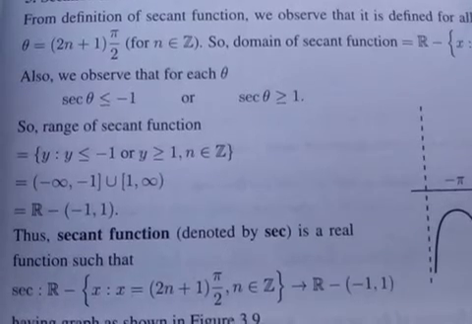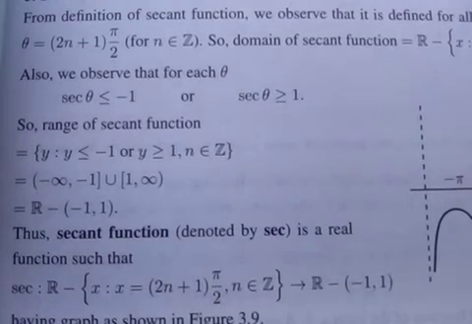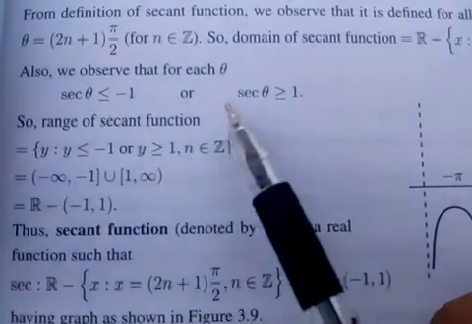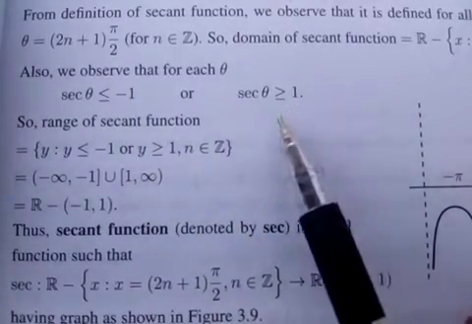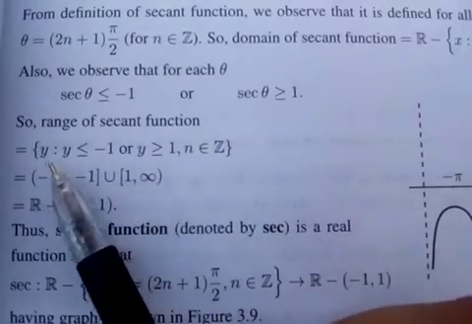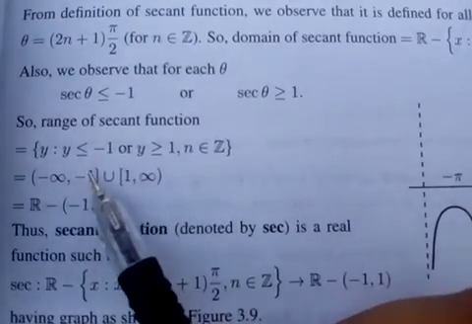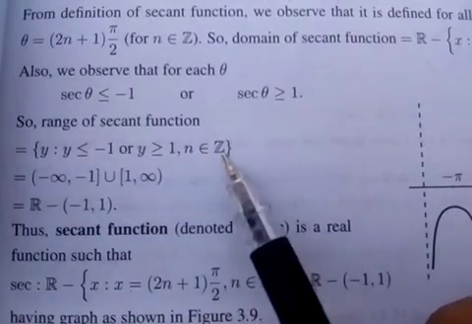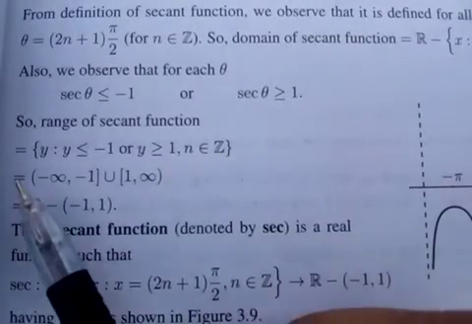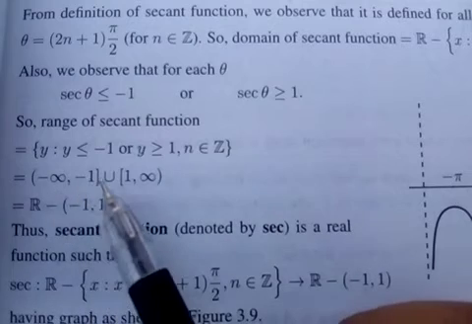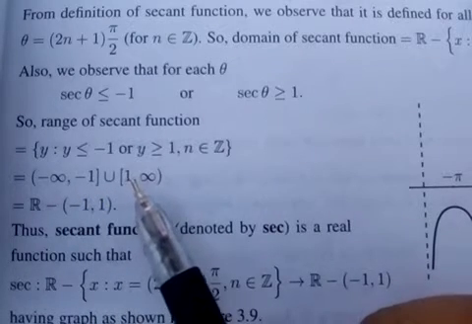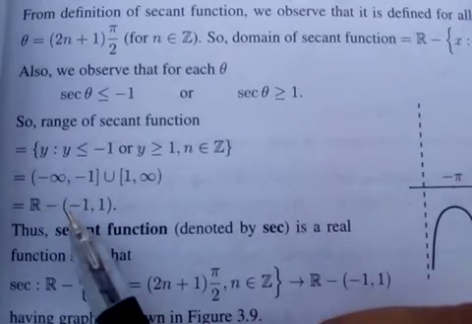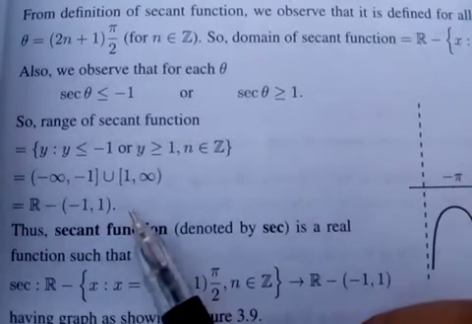Also we observe that for each theta, sec theta is less than or equal to minus 1 or sec theta is greater than or equal to 1, so the range of the secant function equals {y : y ≤ minus 1 or y ≥ 1}, which is minus infinity to minus 1 union 1 to plus infinity. We can write here R minus the open interval minus 1 to plus 1.